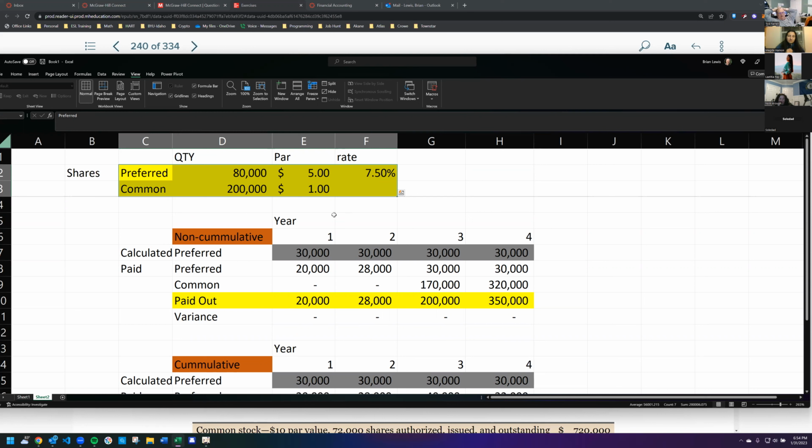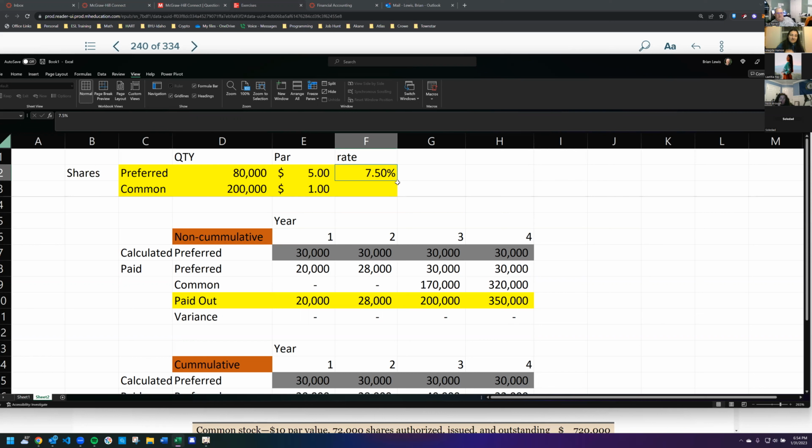And what may change in the problems is whether it's cumulative or non-cumulative rights and the rate, and these other variables like how many shares, what their par value is, and what the rate of return is for the preferred shareholder. Okay, yeah, that makes it a lot more clear.